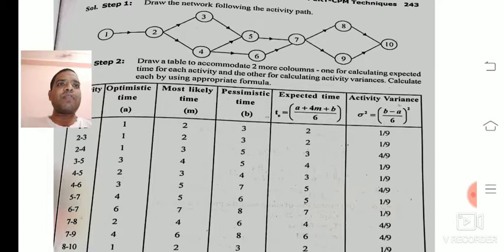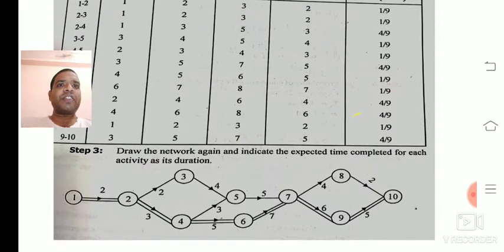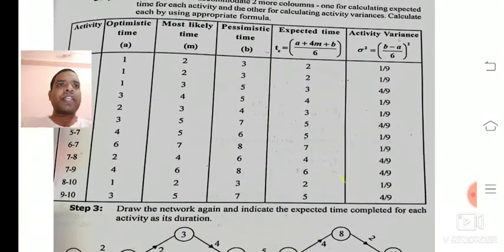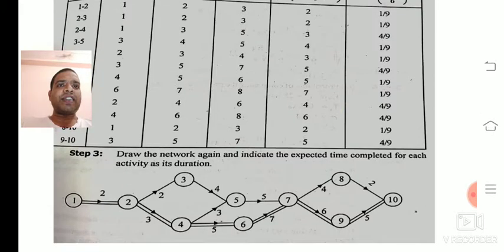After calculation of the expected time, we can place those durations in the network diagram. For 1 to 2, how much are you getting as the expected time? 2. So write down 2 at the middle, that is your duration. And for 2 to 3, again 2. For 2 to 4, how much are you getting? 3, write down 3 here.